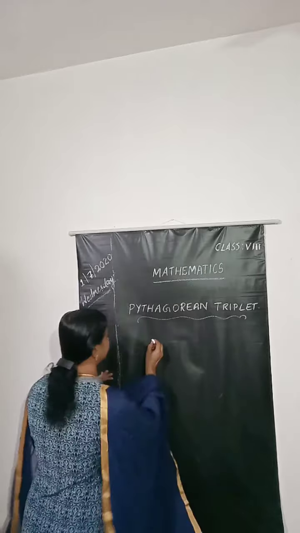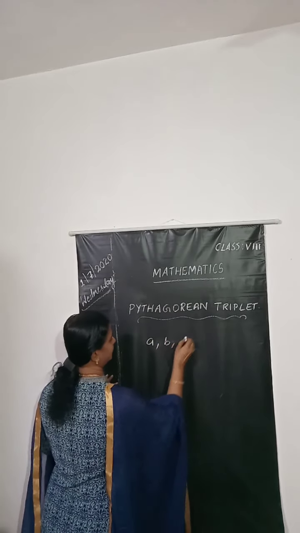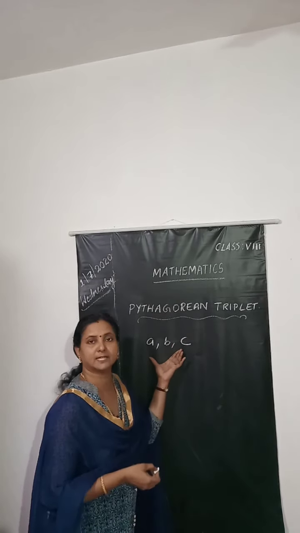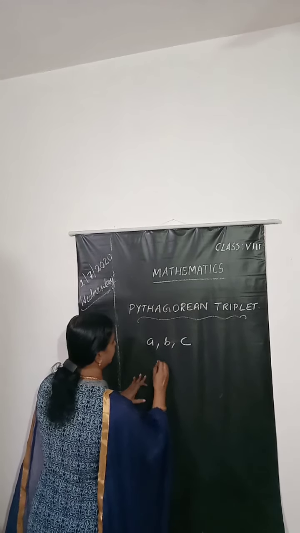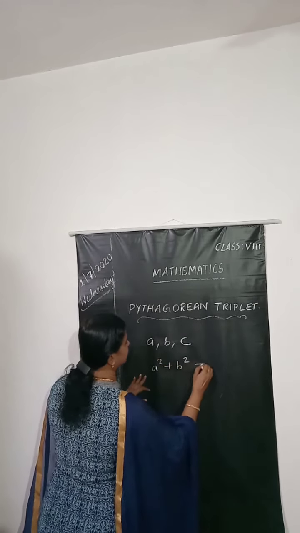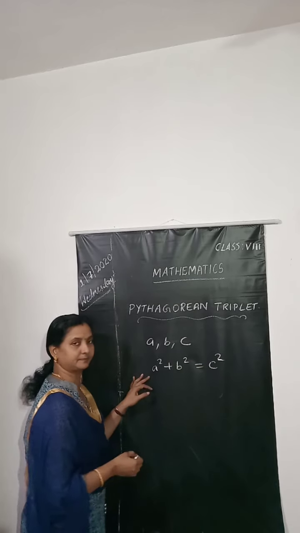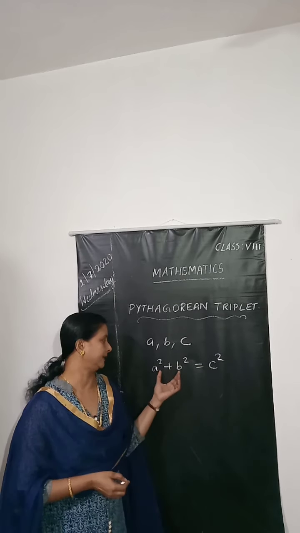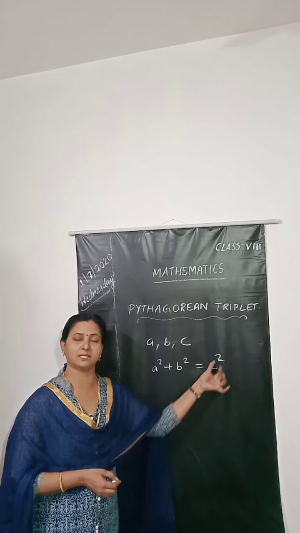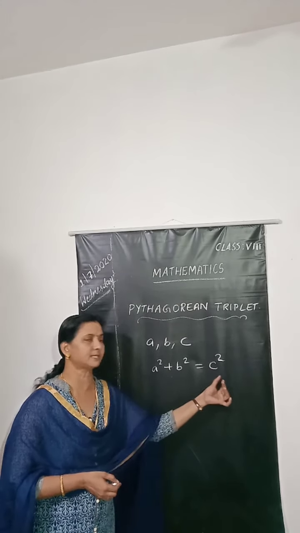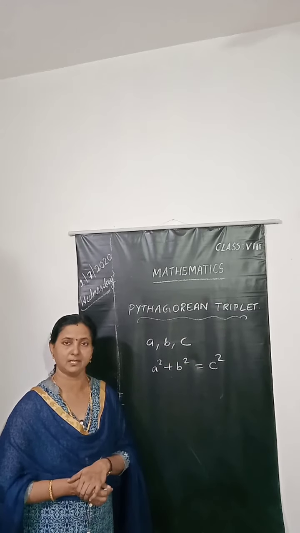Three numbers A, B and C can be called as Pythagorean triplets if A square plus B square is equal to C square. When squares of two numbers is equal to another square number, then those numbers are called Pythagorean triplet.